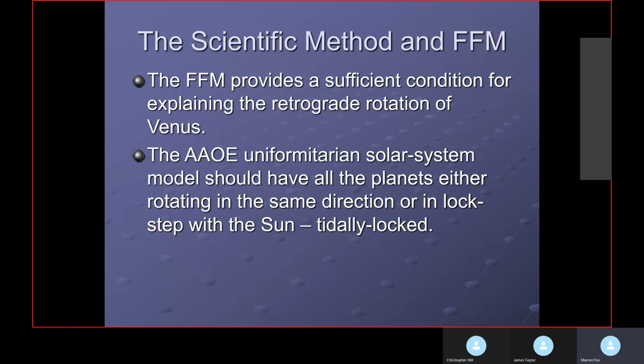Astronomers generally believe that, in their view of how the Earth and solar system was formed, all of the matter should be rotating in the same direction. And what we see is that's not happening. Venus is not rotating in the right direction. It's rotating retrograde, backwards. Something has happened, or it should be in lockstep, tidally locked, keeping the same face to the sun at all times.